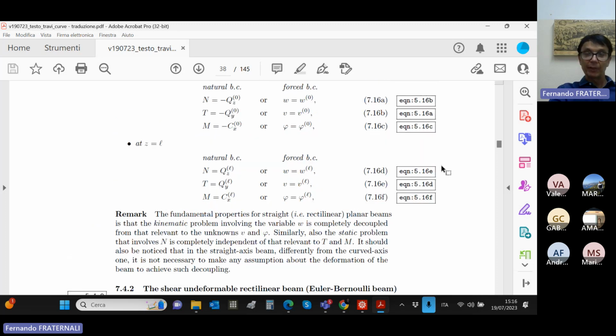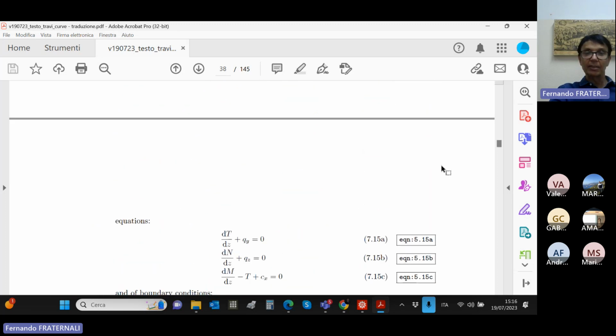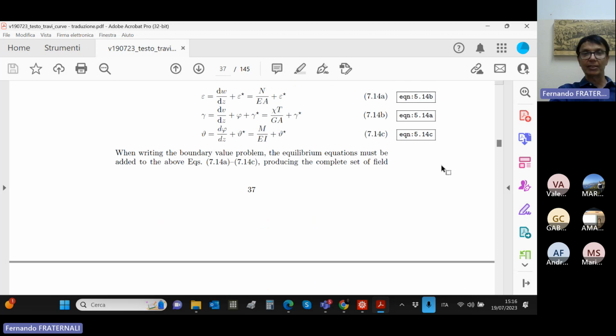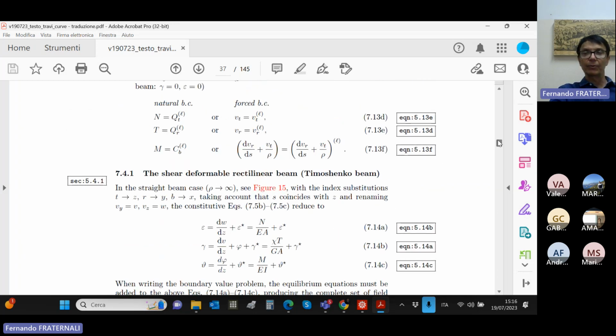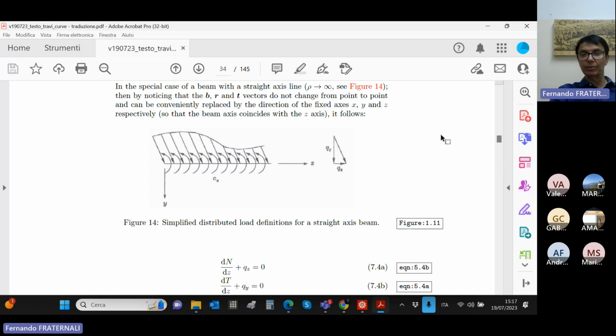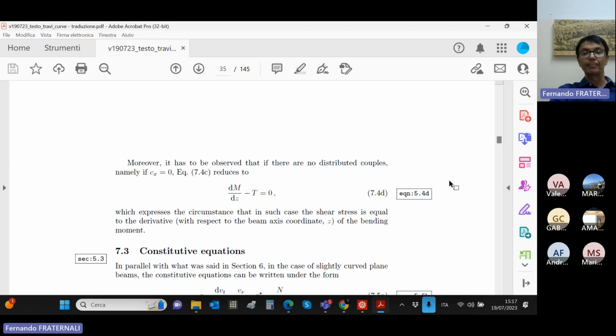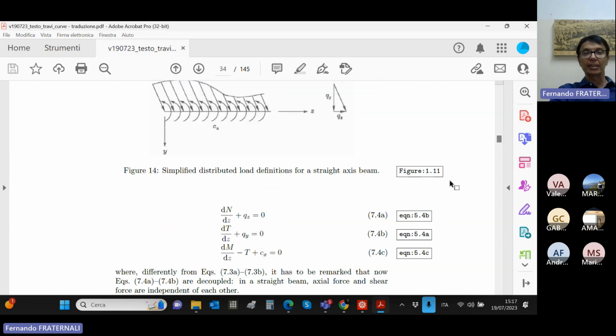So today we will instead focus on the case with strong curvature, and I want to start from the point where we arrived yesterday, because what we will derive today is a special case of the equations that we presented yesterday.